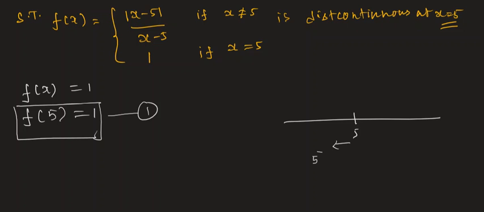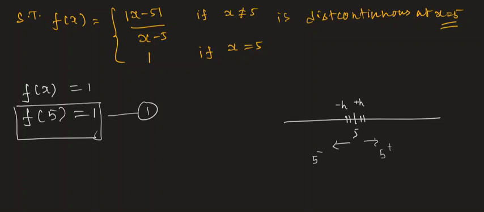On the right side, it is 5 plus. Let me take the smallest interval, h or delta x, on both sides. For the left we subtract, for the right we add.